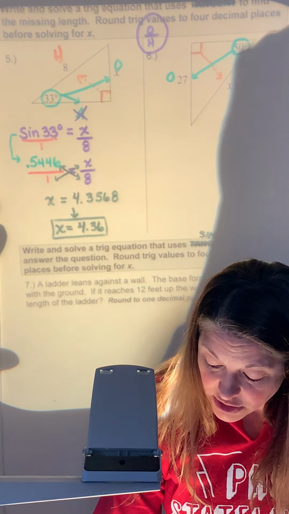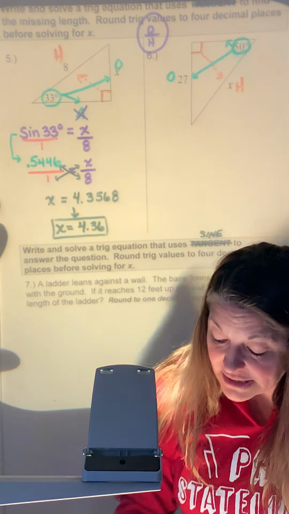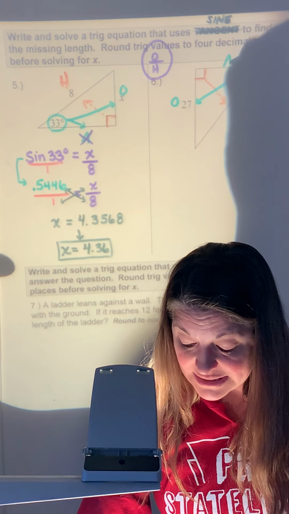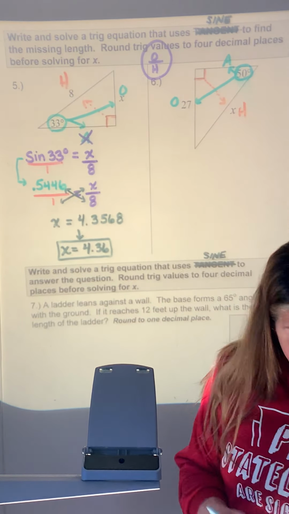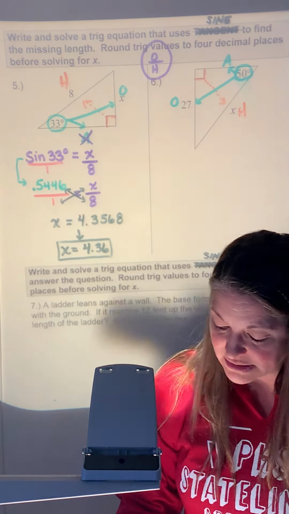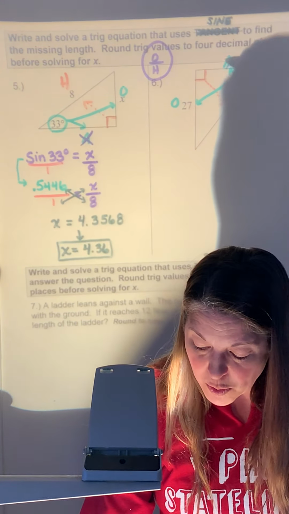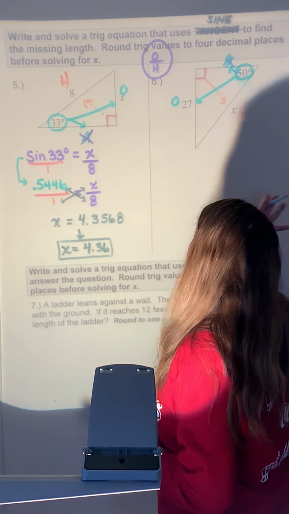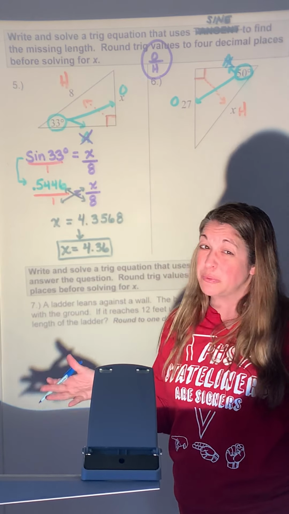So what I should have pointed to was this side right here, which again has nothing on it. It is the adjacent, by the way, but it has nothing on it, so we don't really care so much about it, okay? Again, the whole point is that we really just needed that O and H. However, I just keep labeling all the sides just to make sure we get good at it.